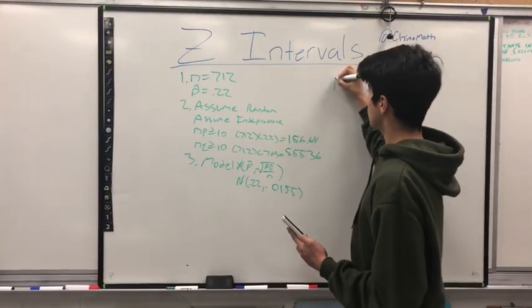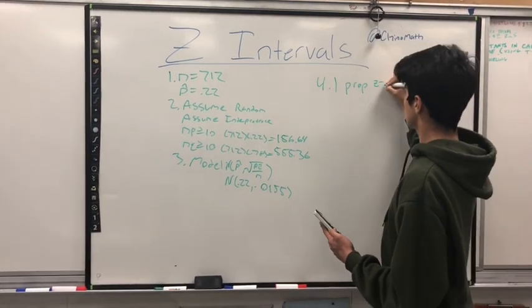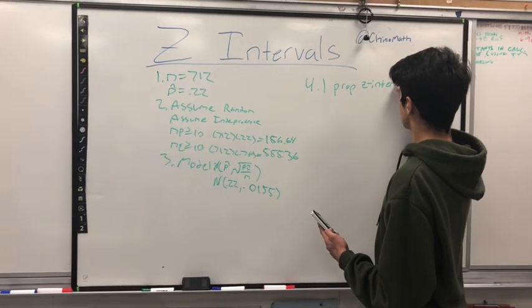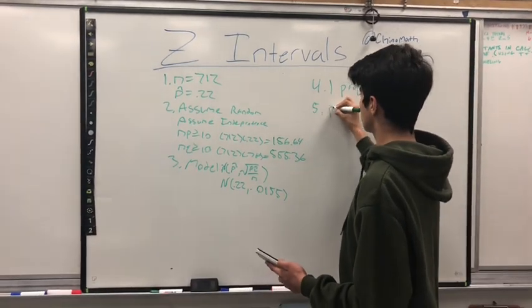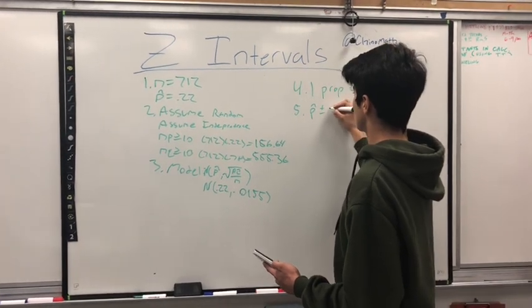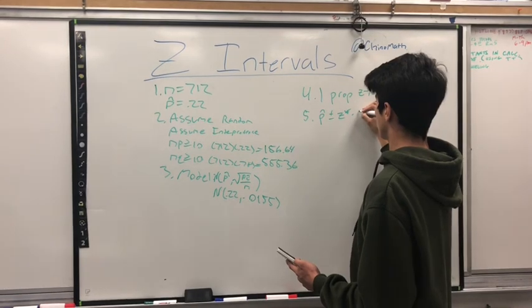For step 4, we have our name, so it's a one proportion z-interval. Now for step 5, we write out our formula: p hat plus or minus our critical value times our standard error.